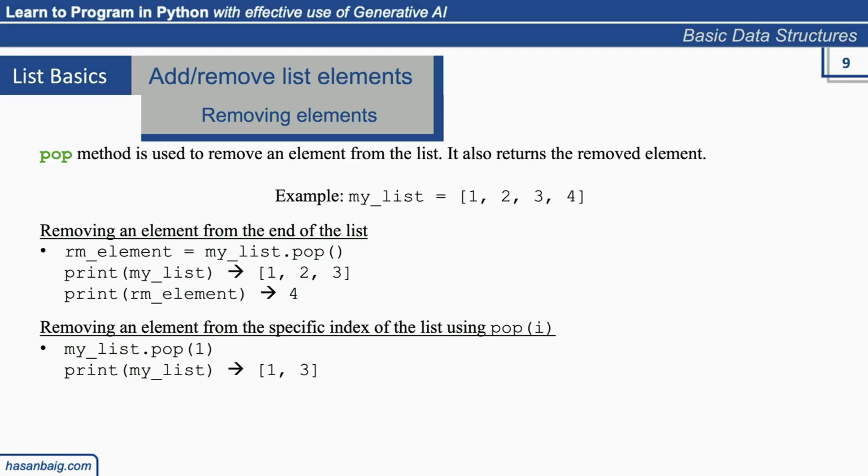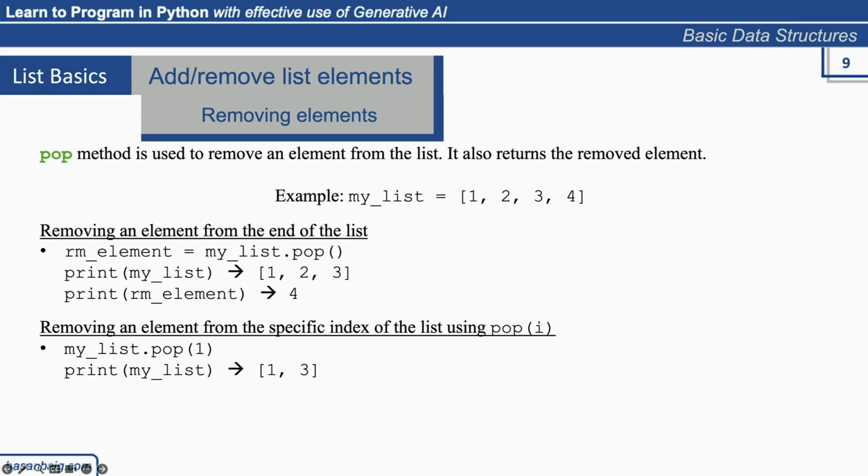Is 2 and 4 removed from that list? So for example, here was the initial state of my data structure. When I run pop, it removed 4. So now the updated state is this one. When I run pop 1, it will pick the element at index 1 and remove it.